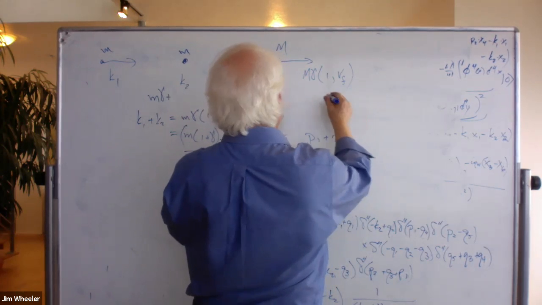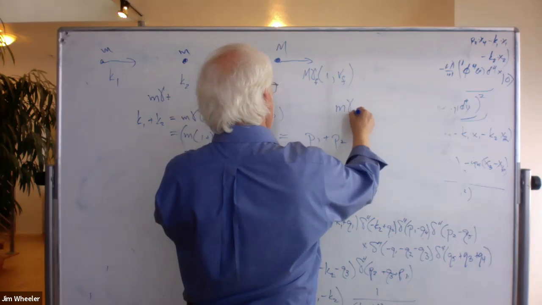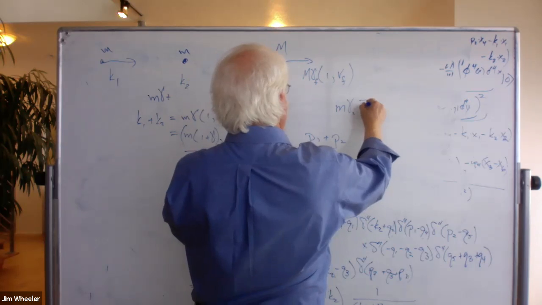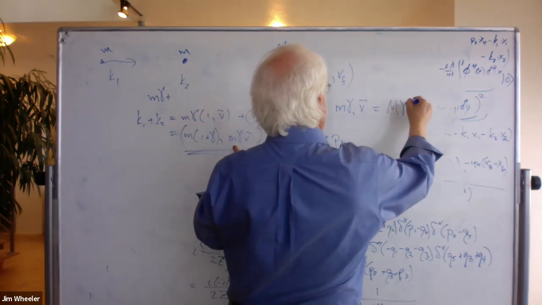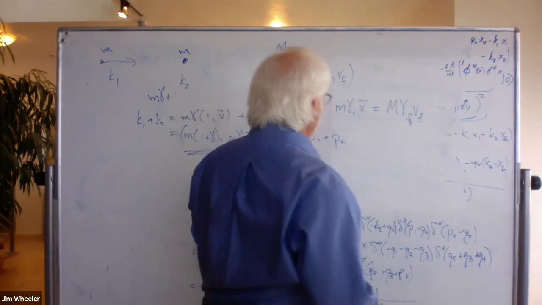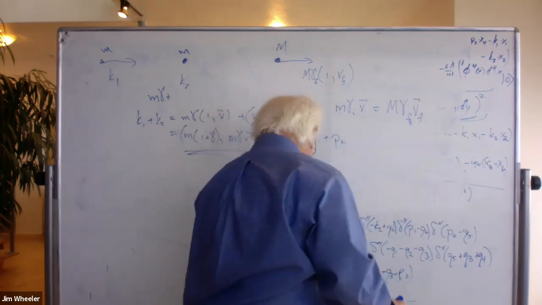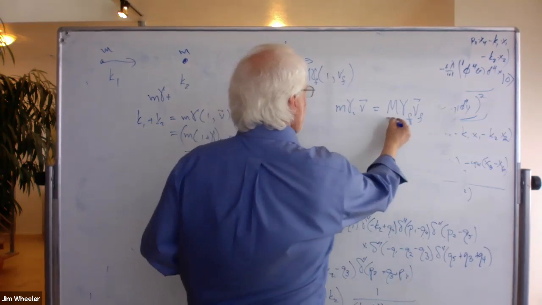So little m gamma initial times v has to be equal to the final momentum, M gamma final v final, and that puts a limit on what this M can be.